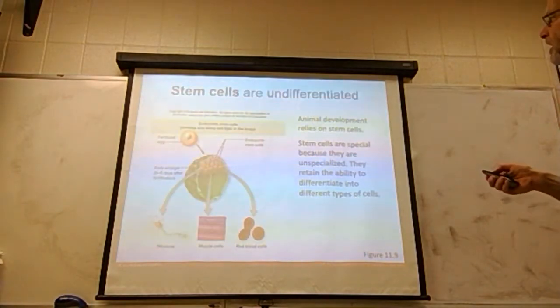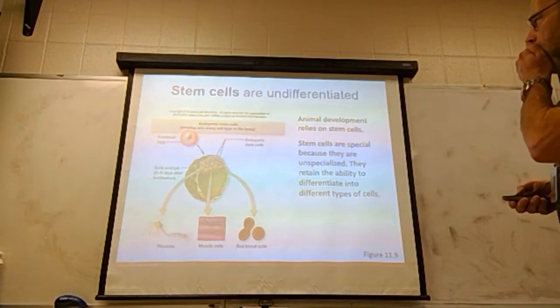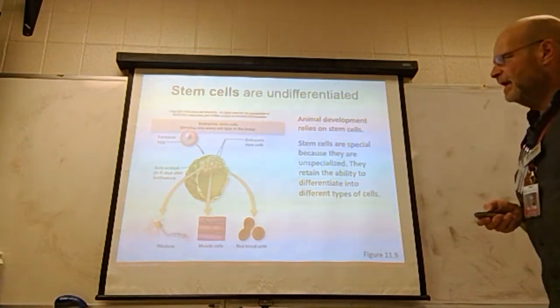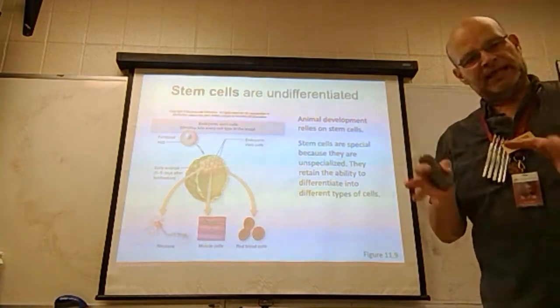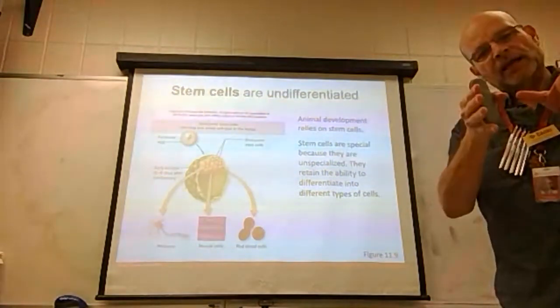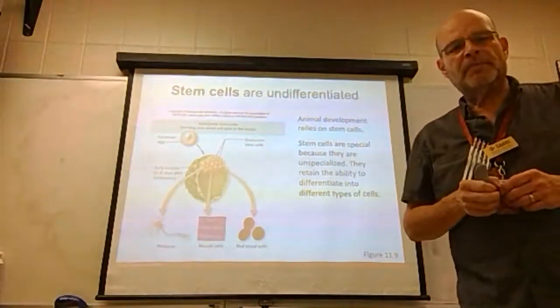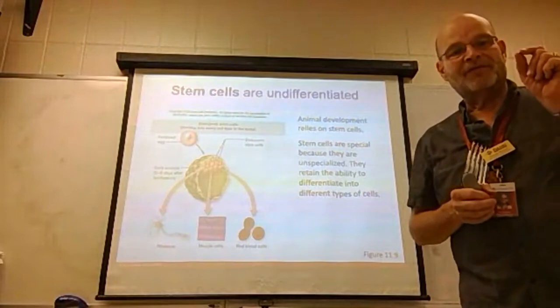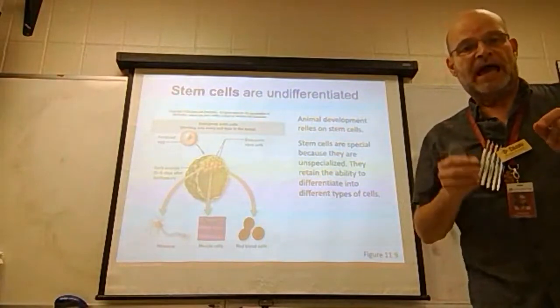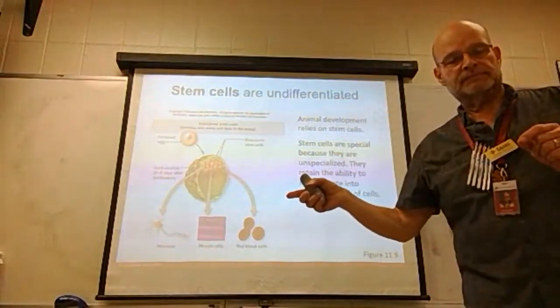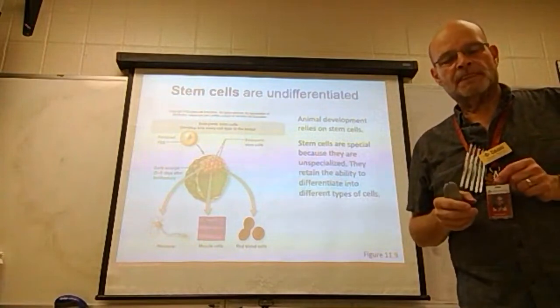Stem cells are undifferentiated. What a stem cell is, is any cell in your body that has the capability of making a copy of itself and any other cell is classified as a stem cell.